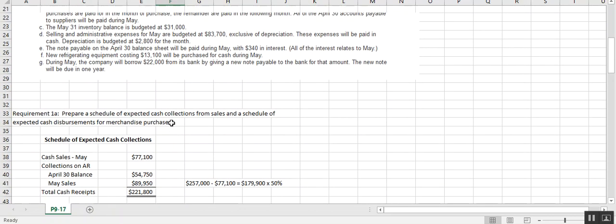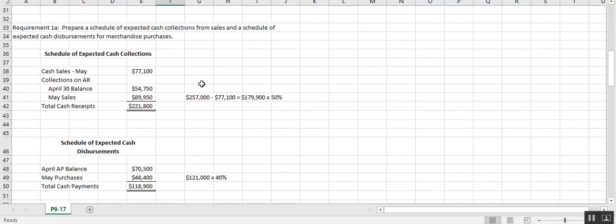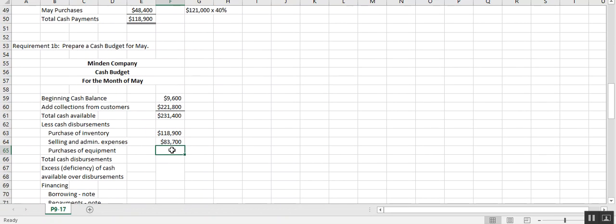So let's go back up here. I believe it's that. The new refrigerating equipment costing $13,100 will be purchased for cash during May. So that entire amount, $13,100, goes down here. So let me put my line in. Total cash disbursements is just the total of those three items.